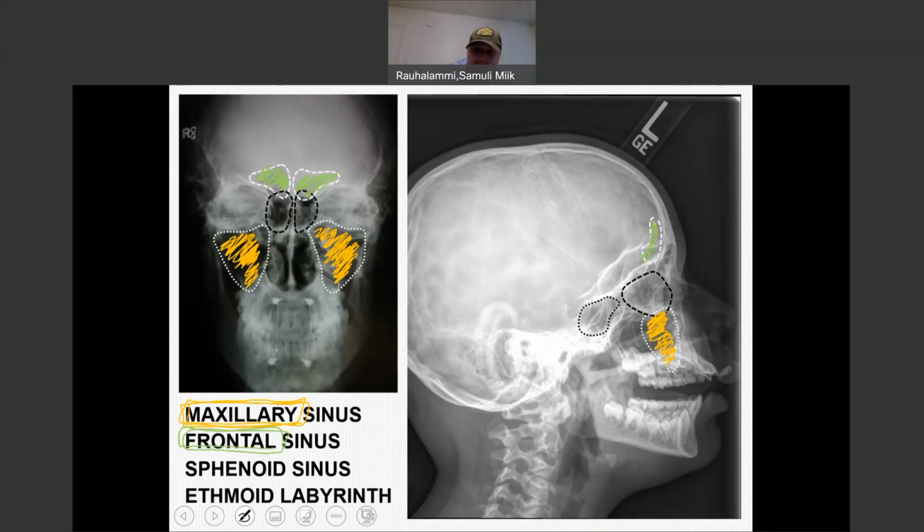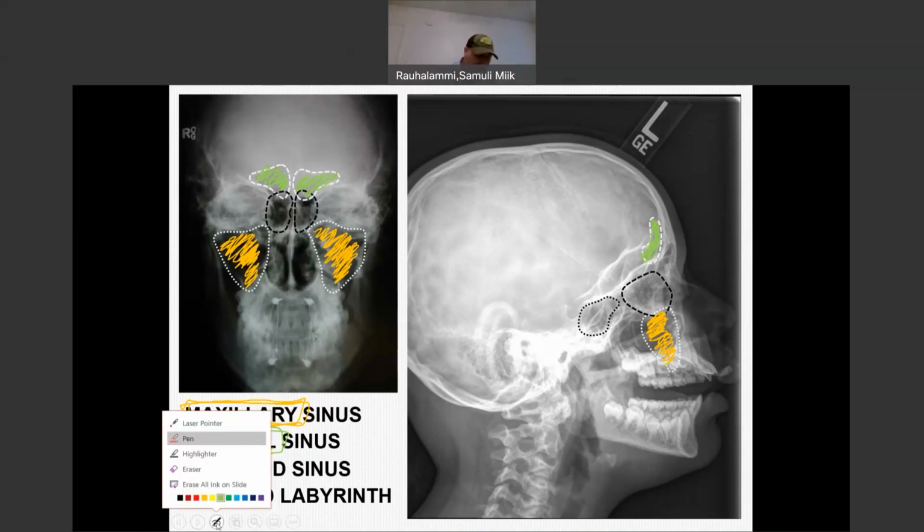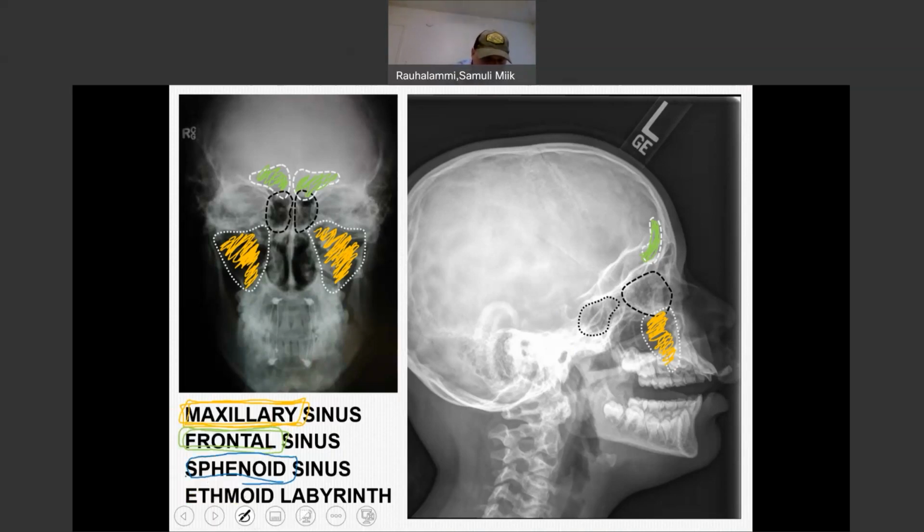It really pays off to pay attention to both of these views so you get more of the three-dimensional character of these showing up. What I have next here, and it's only really visible well on one of these, is our sphenoid sinus, further deep into the skull within the sphenoid bone.